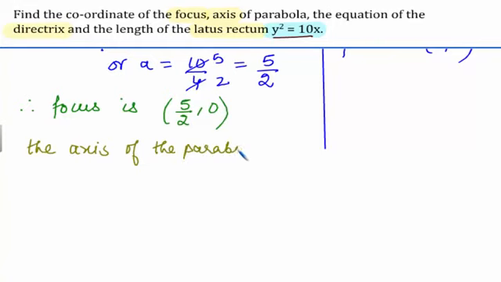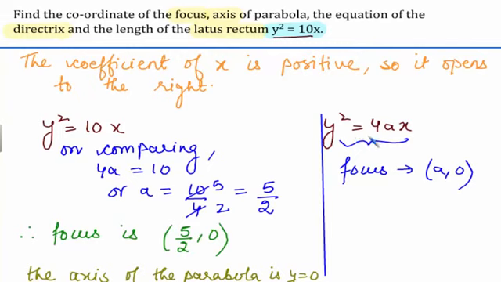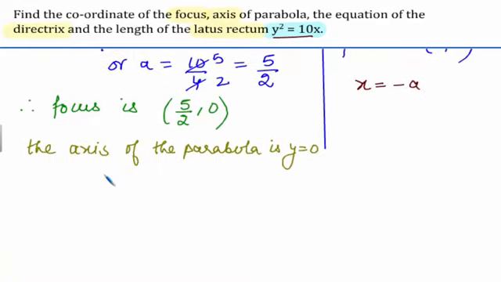Now we have to find the equation of the directrix, and for this parabola we know that the equation of the directrix is x is equal to -a. Therefore, for the given parabola, the equation of the directrix is x is equal to -5/2.